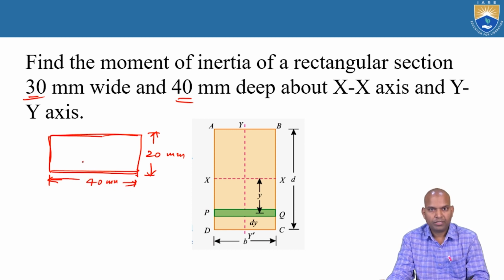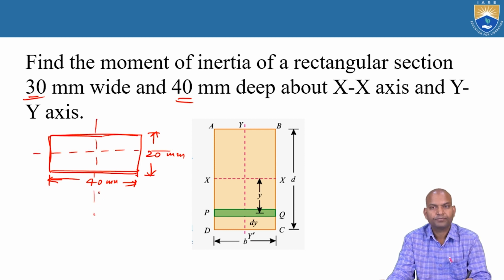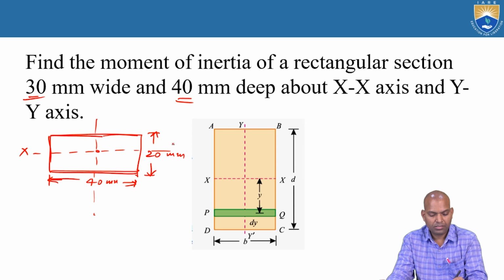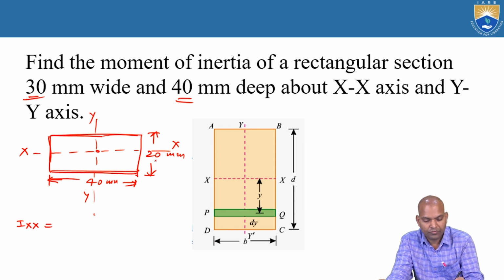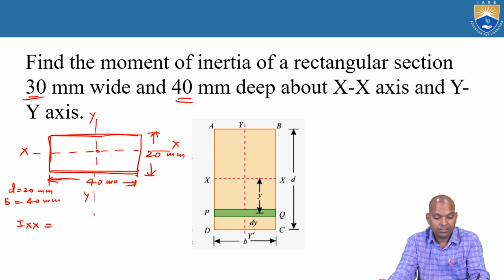Then what is the moment of inertia about the axes passing through the centroid? The x-axis and y-axis are passing through the centroid. Then what about Ix? We consider d equal to 20 millimeters and b equal to 40 millimeters. Here the width is larger than the depth.